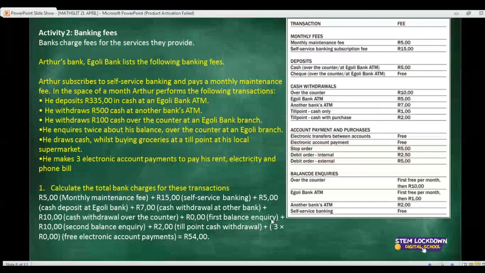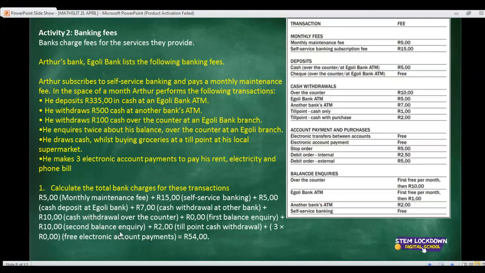Then the next balance enquiry would be 10 rands. We see that information again there. The balance enquiry is the very last one. We are told that the first is free per month, and then it's 10 rands. So he only gets one free balance enquiry per month, and after that, it would be charged 10 rands. That's why for the first one, it's 0 rands, and for the second enquiry, it's 10 rands.